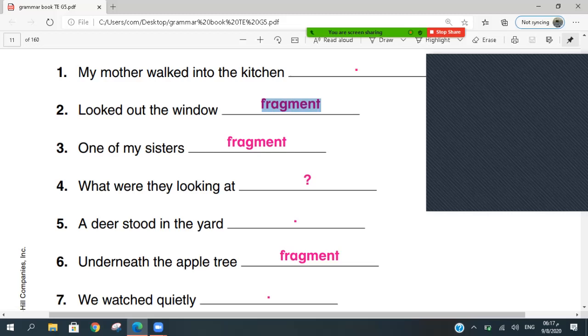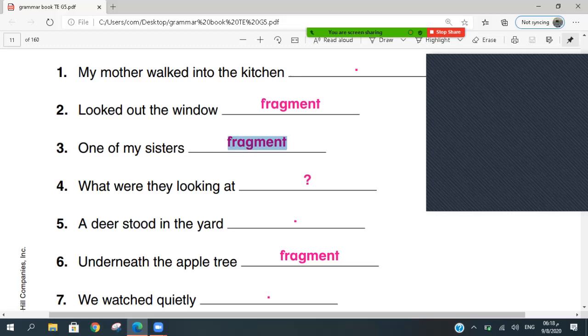If I say, for example, Raghda is one of my sisters, does it give you meaning? Yeah, it makes sense now. But if I say just one of my sisters, who is that? I don't know. So if the information is not complete, we call it a fragment. How can I know that this is a question?